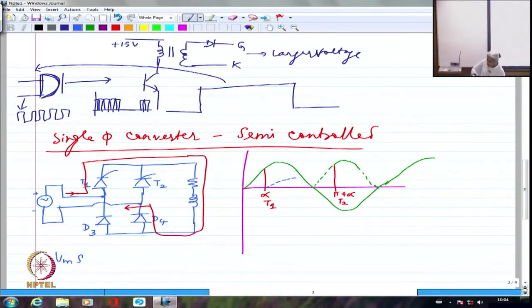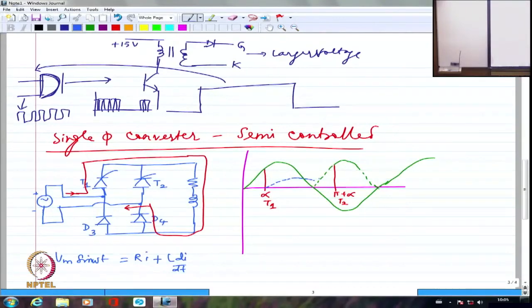Vm sin omega t equal to Ri plus L di by dt. So the same thing holds good. When Vm sin omega t equals Ri, I am going to have the peak being reached. Current has reached a peak somewhere here and then it will start falling. What happens at this point?